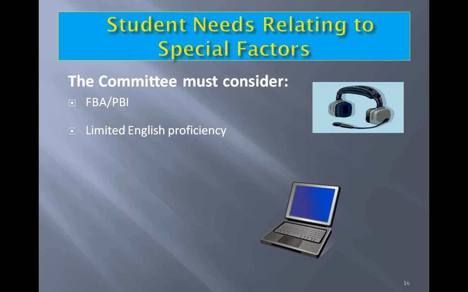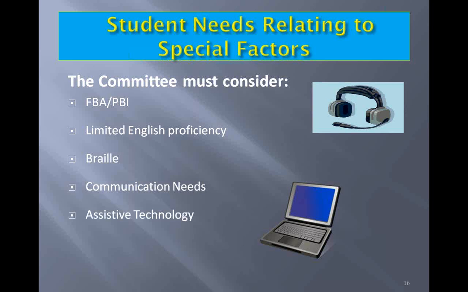If your son or daughter has limited English proficiency, they may need the support of an English language teacher. They may need Braille. These are all different types of special factors to be considered. Do they have communication needs? Communication needs could be from an FM system, if they have auditory processing issues, to needing a communication device like a Dynavox.